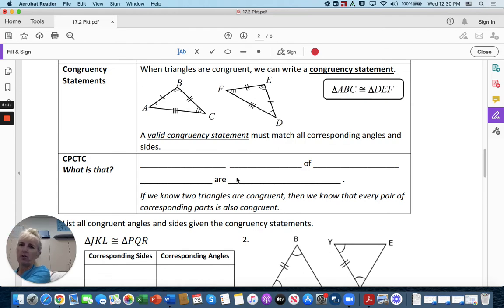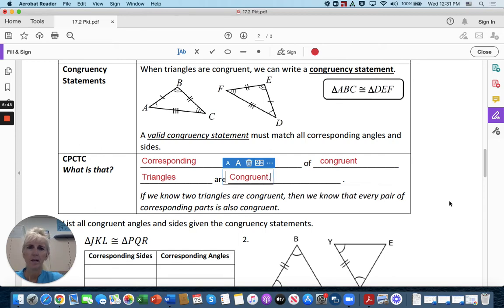Okay. Next, CPCTC. What is that? It stands for corresponding parts of congruent triangles are congruent.